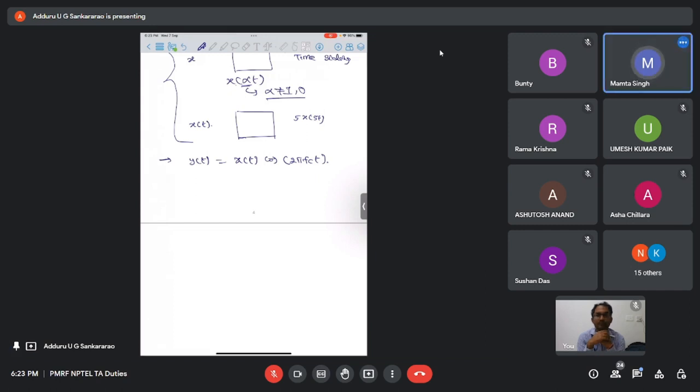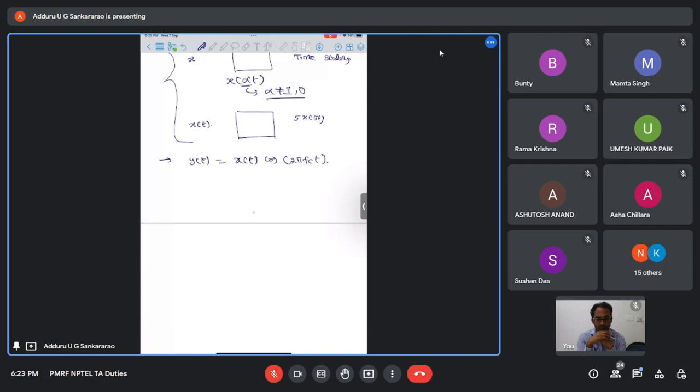Non-linear because of cos. Actually, linearity or non-linearity we need to define with respect to the input, not with respect to any other function. It's a linear one. Yes.